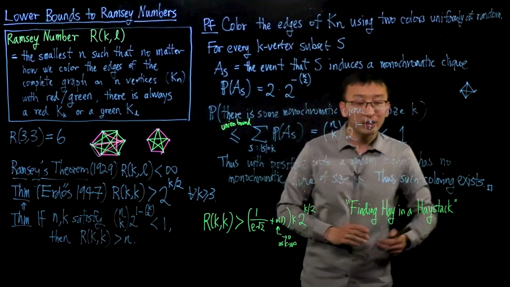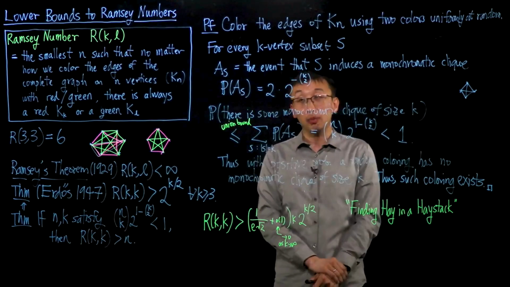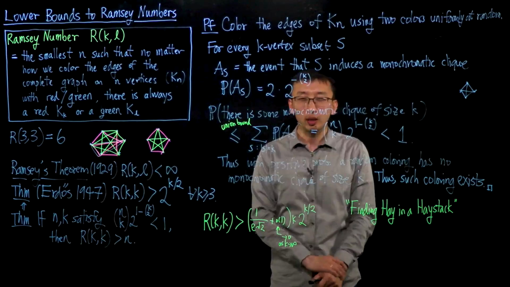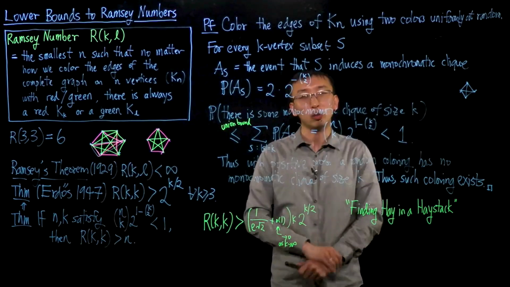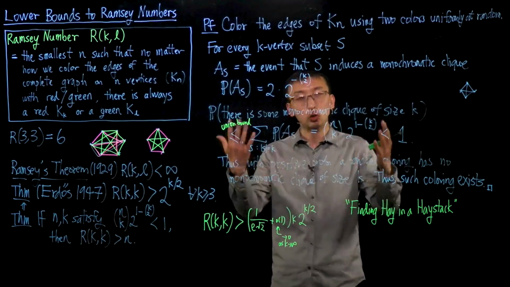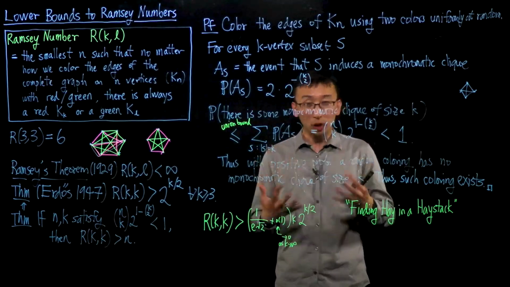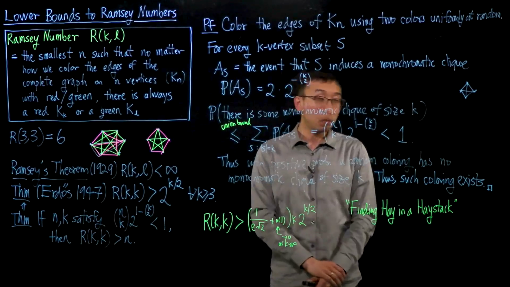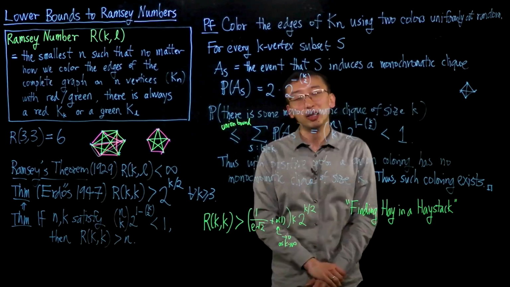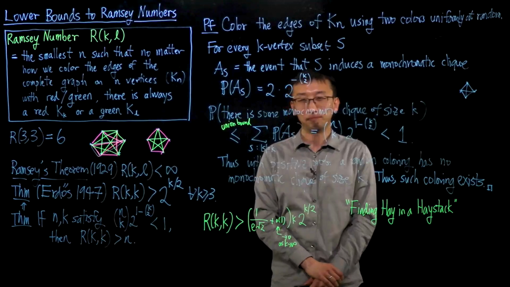And this finding hay in a haystack describes this phenomenon, which is quite counterintuitive, and also demonstrates the power of the probabilistic method, that by just doing everything at random, it works really, really well. But we don't understand this process as much as we would really like to.